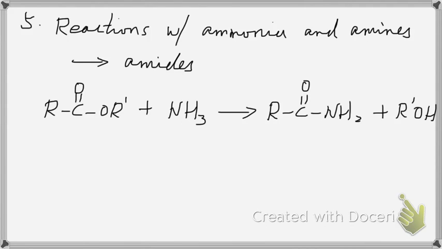The last one is amide. So esters can be used to make the compound after it. Esters are more reactive than amide, so we can use esters to make amide. In the example shown here, ester reacting with ammonia, NH3, is going to provide an amide, and the alcohol will be the leaving group.